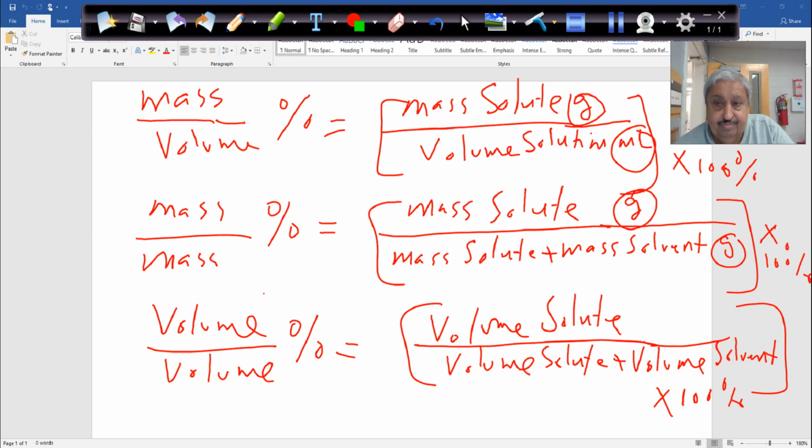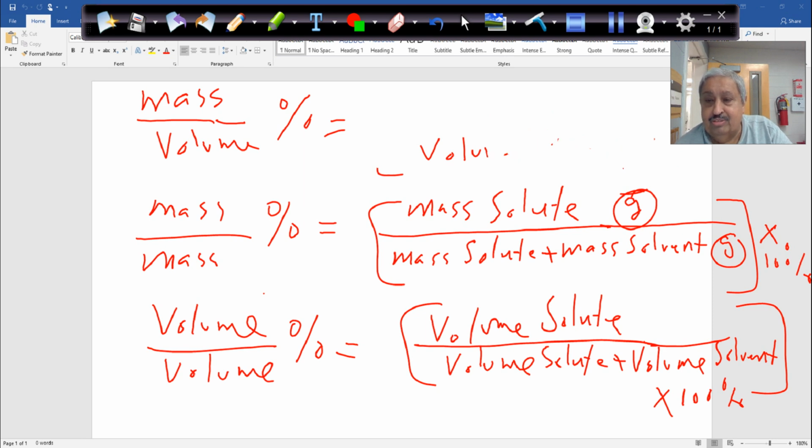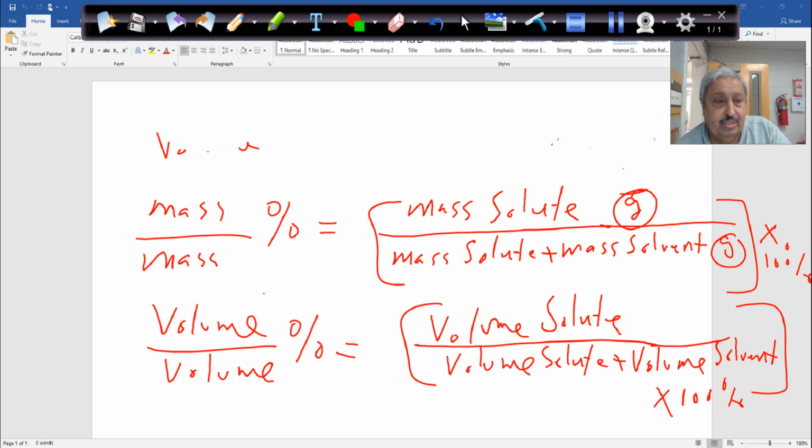So what I will do here, I'll just take this one, but I will keep this one here just to use the law. The law, we can see the law here. You want mass over mass, so we'll use the middle one, not mass over volume, not volume over volume.